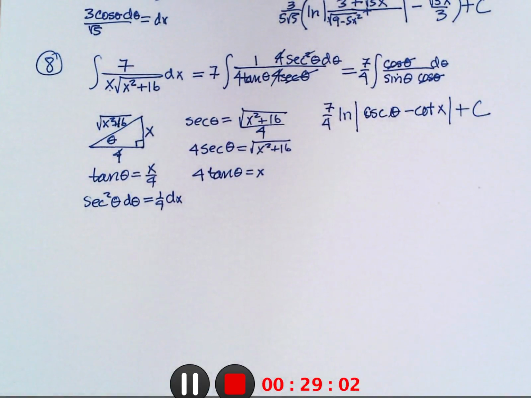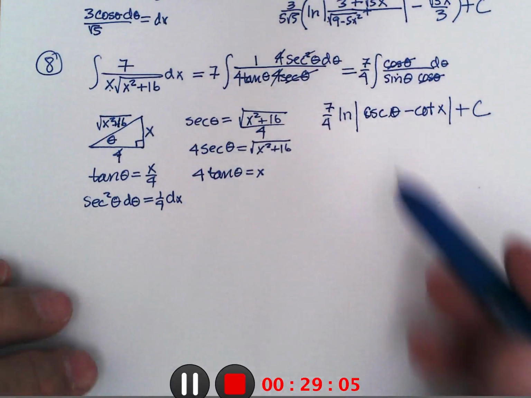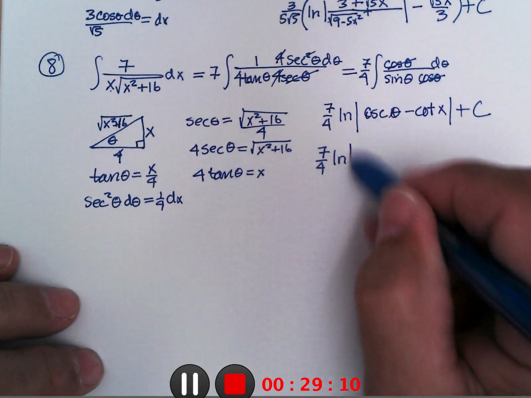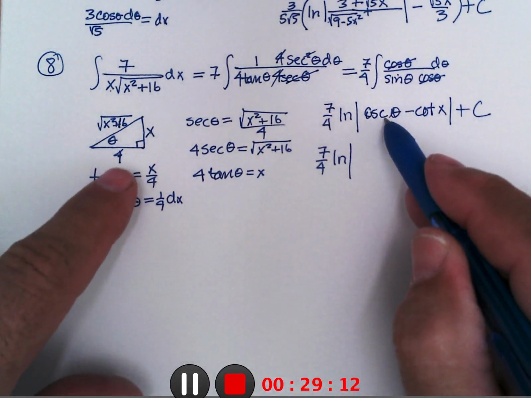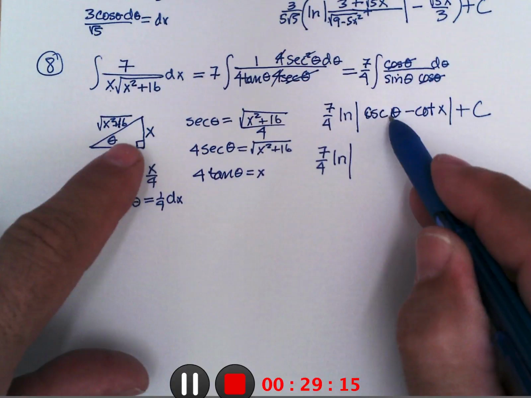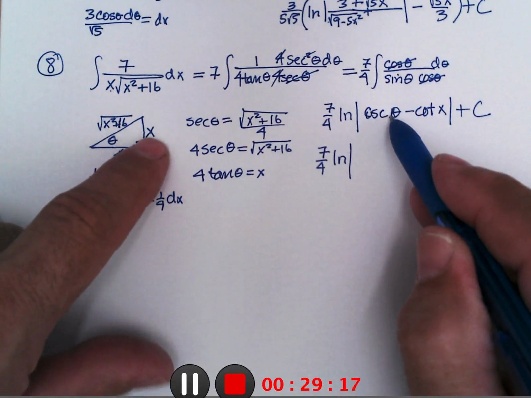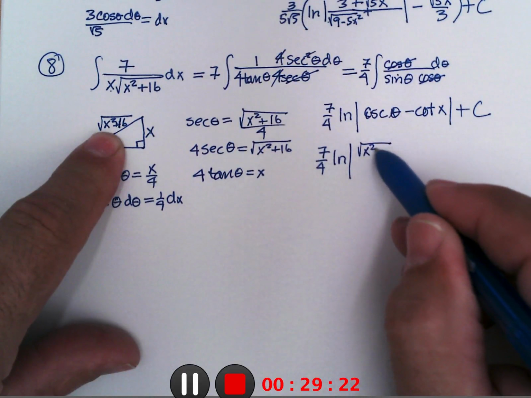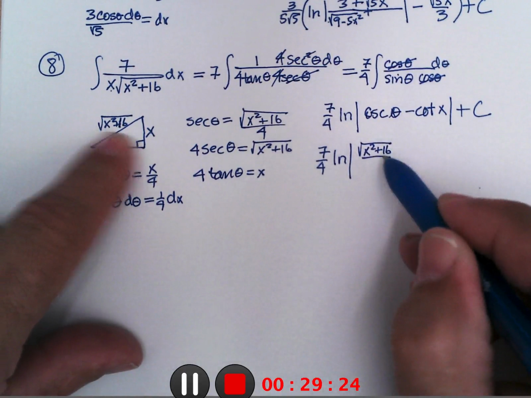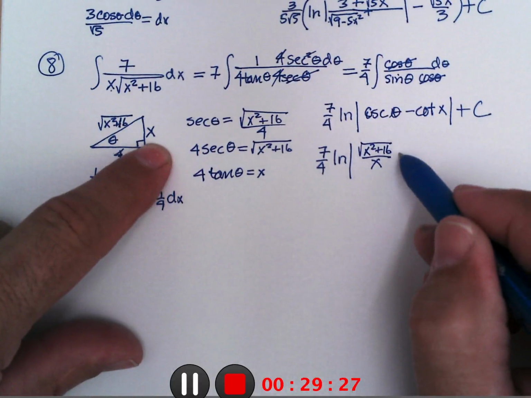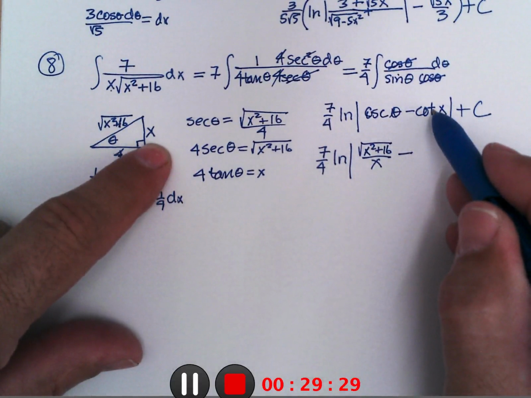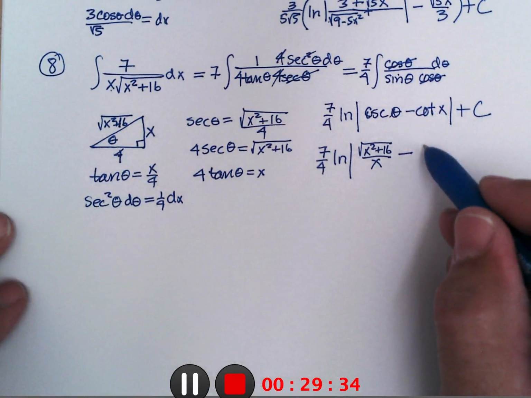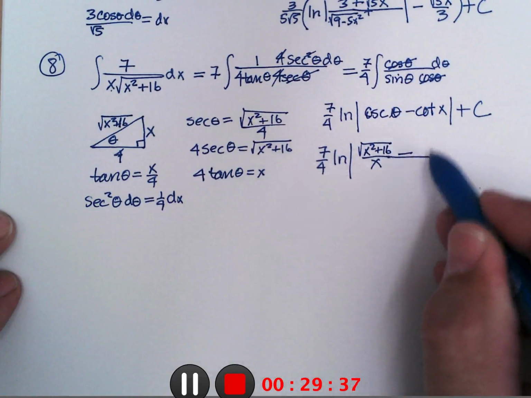Now I need to change it back, so I get 7 over 4 ln cosecant, which is the reciprocal of sine, so instead of x over this, it's that, square root of x squared plus 16 over x, minus cotangent, which is not x over 4, but 4 over x. So that's over x also, so I can just put minus 4 over x.